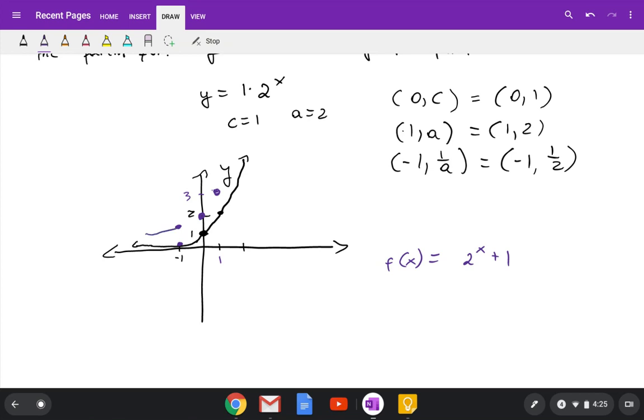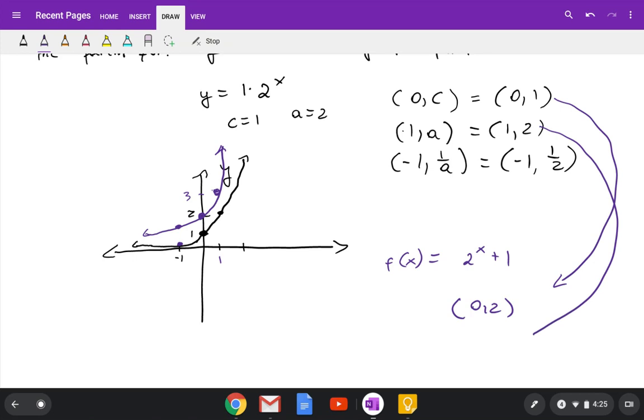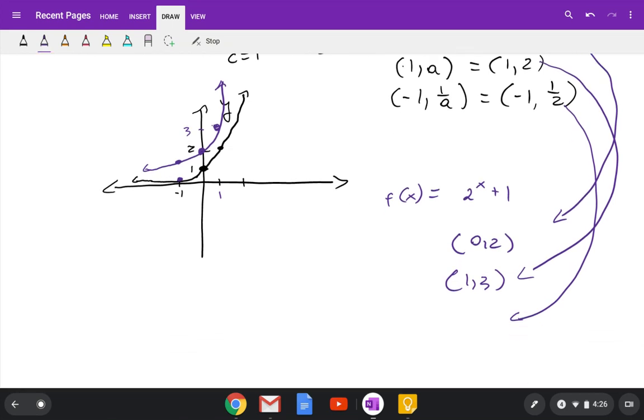It's the same shape, but we bring the entire graph 1 unit up. So 0, comma 1 will become 0, comma 2. You're just adding 1 to the y coordinate. 1, comma 2 will become 1, comma 3, and negative 1, 1/2 will become negative 1, 1 and 1/2. We're just adding 1 to the y value.